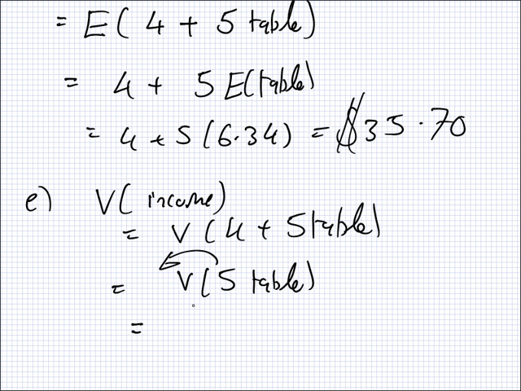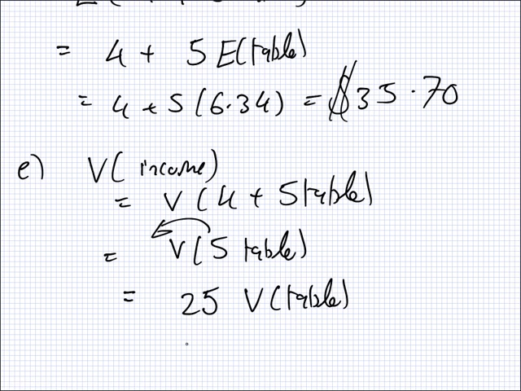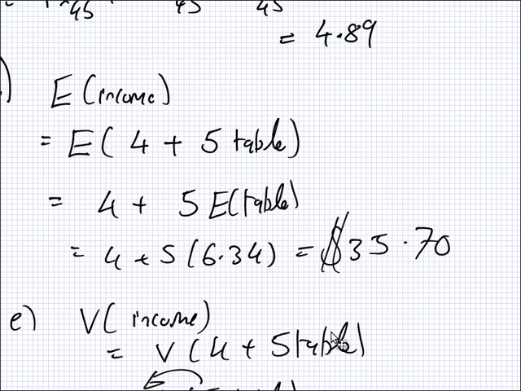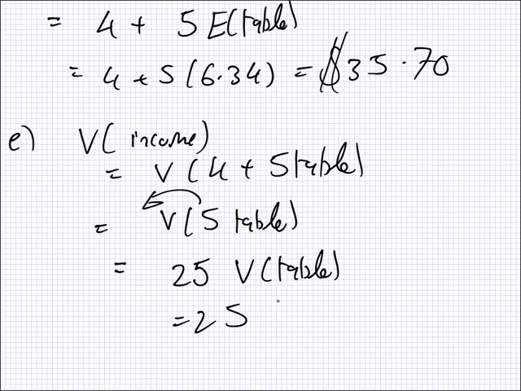It comes out as 25. Oh, yes. 5 times the variance of the table, which is 25 times, what do we say the variance was? 4.89. Alright, so what's that then? 122.25.